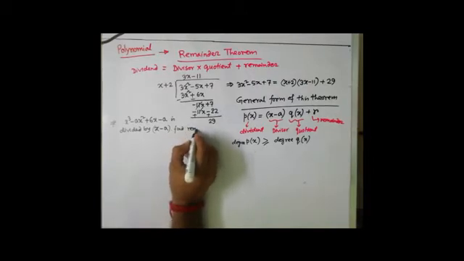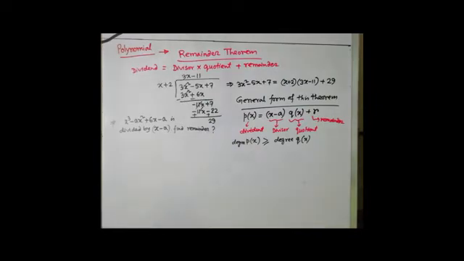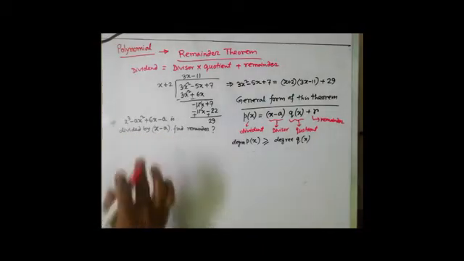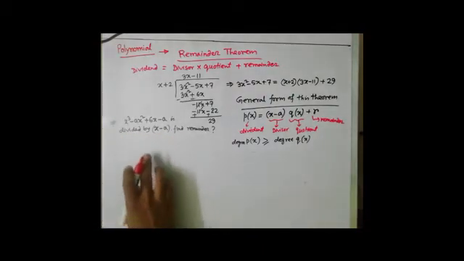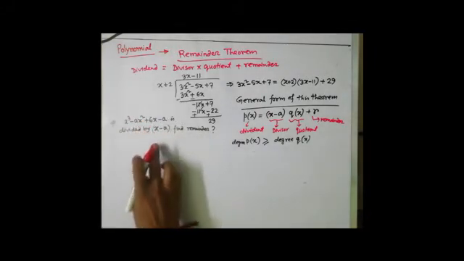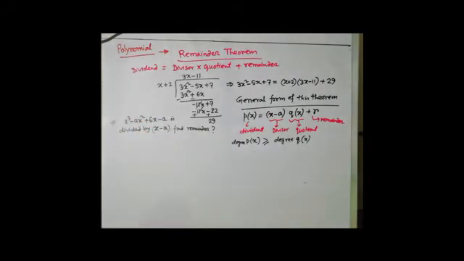I have chosen this problem from an exercise of the NCERT textbook. When the dividend is given and the divisor is also given, you have to find the remainder.